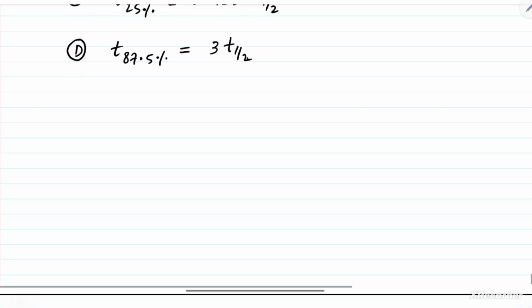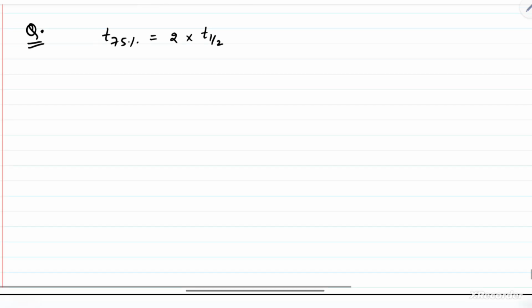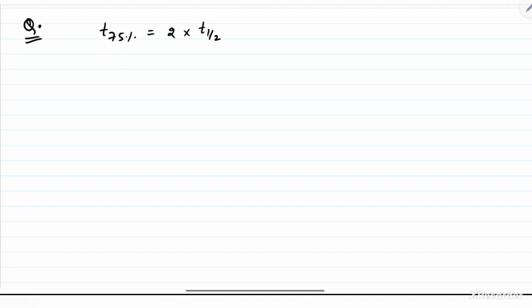Okay, so let us solve one question which I think is going to be very important for board exam. I can take any one. So we have to prove that T 75% is equals to 2 times of T half. You don't need to put the values, that is the very basic thing. So first write T 50%, T half.